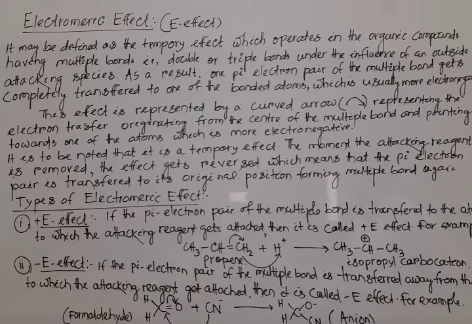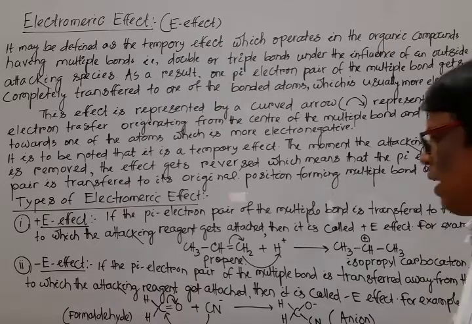If the pi electron pair of the multiple bond is transferred to the atom to which the attacking reagent gets attached, then it is known as plus E effect. Okay, mark that some example.